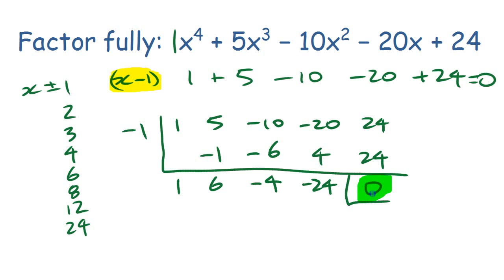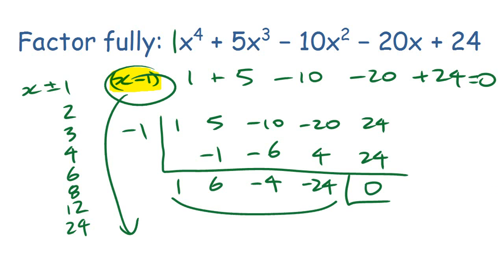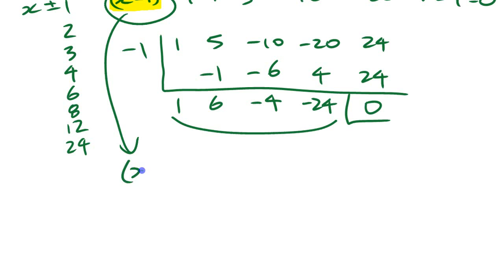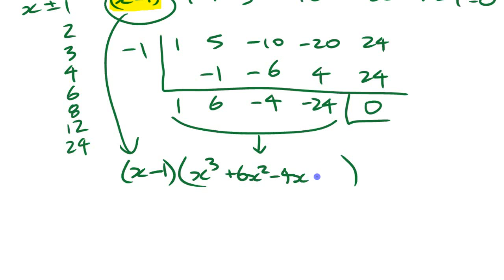Again, makes sense that that's 0, because we already know that. And then let's proceed from there. This is our quotient. So we already have our one factor. I'm going to write it down here. X minus 1. And then our quotient here is a cubic, x cubed, plus 6x squared, minus 4x, minus 24. So we've got our first step there.